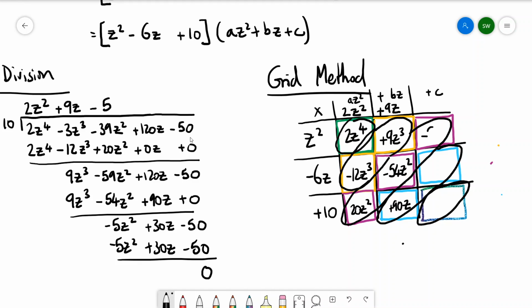So we need a minus 5z squared to make sure that happens. So we must have minus 5 there. And then we can fill in the last column to make sure that the rest of the boxes give us the 120z and the minus 50. So the z terms work, we'll have 120z and we'll have minus 50. So that works out well.